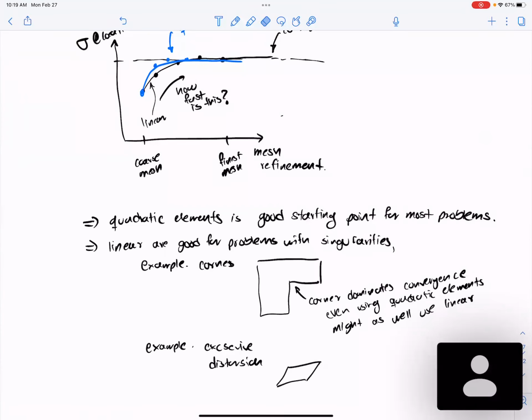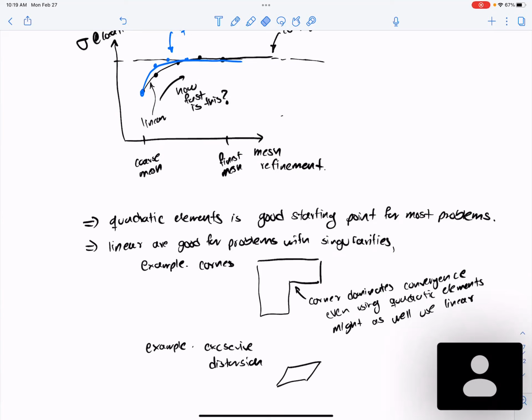And then if you see what's going on, it's just that you don't have enough elements. If you were to refine, I don't know how many elements you need. You need a lot of elements of the cheapest one, which is the linear with reduced integration. Which works. I mean, all of them work. It's just a matter of how much you need to refine your mesh to get them to work.